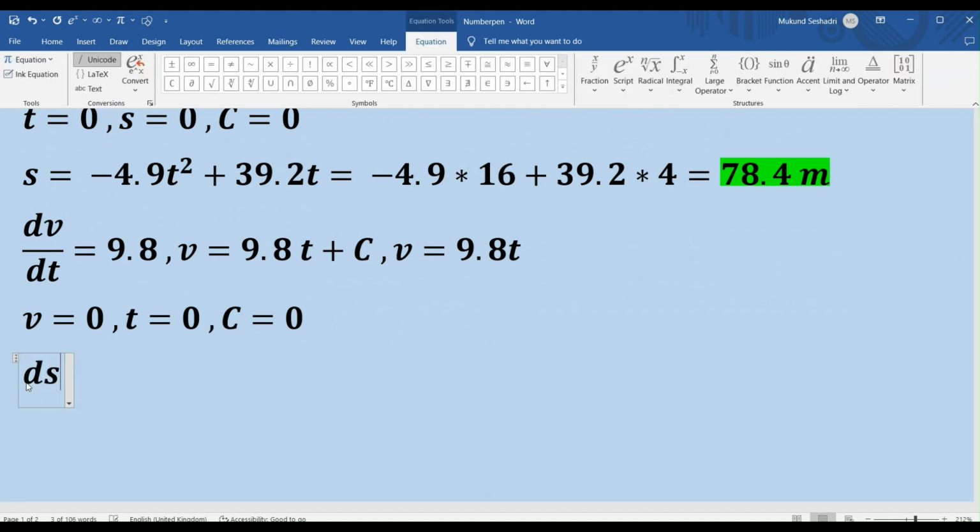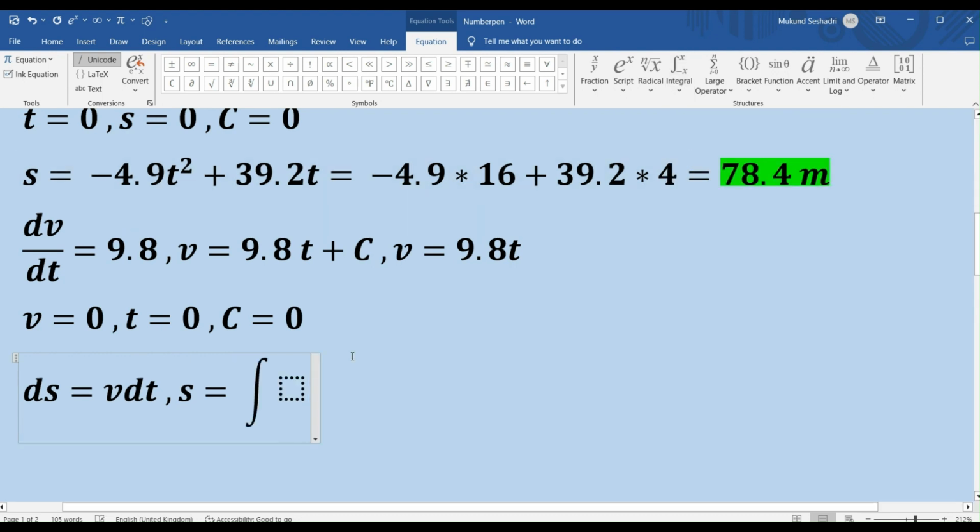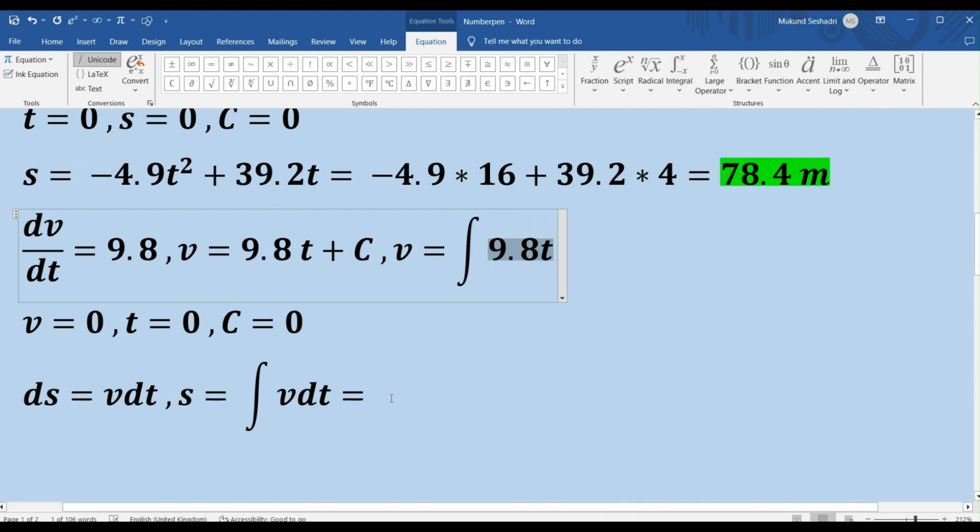So my ds again is equal to v dt, right? Which means my s is equal to the integral of v dt. And I know what my v is because my v is a function of time, which is nothing but 9.8 times t. So I'm going to write that out for you.